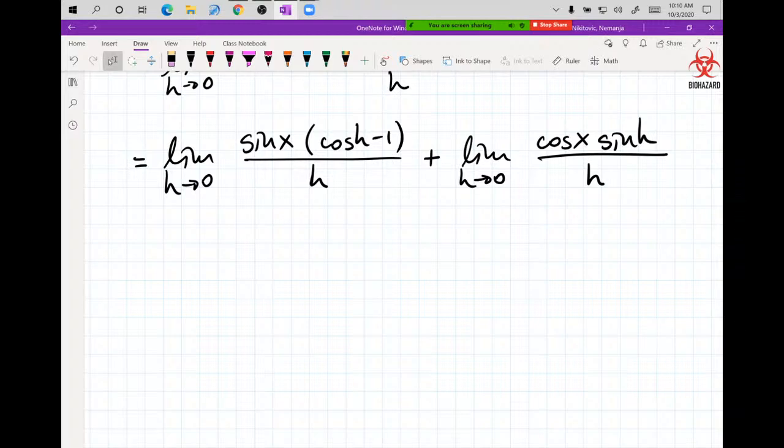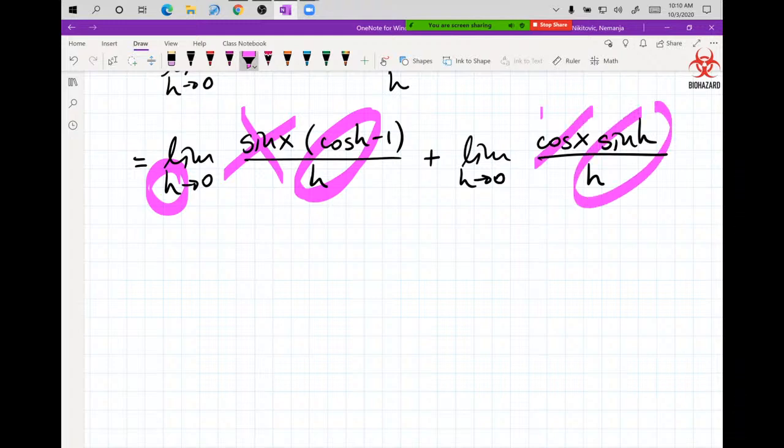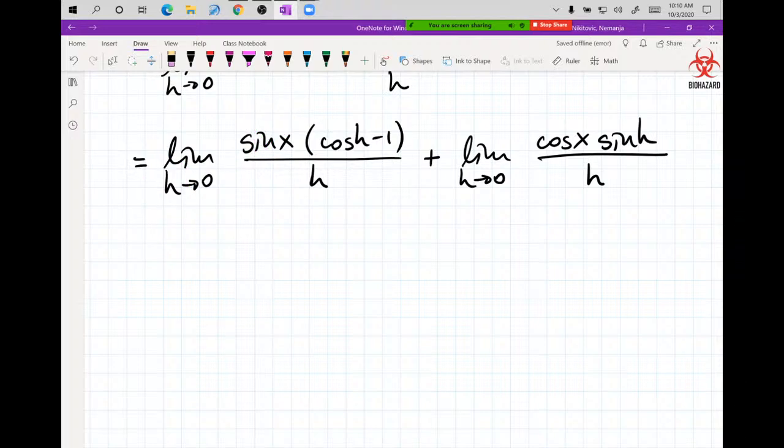Now, one thing we talked about before was that whatever the variable is in the limit is the variable for the problem, and other variables are all constants. So sine x is a constant in the eyes of the limit, because the limit is operating on h, not on x.